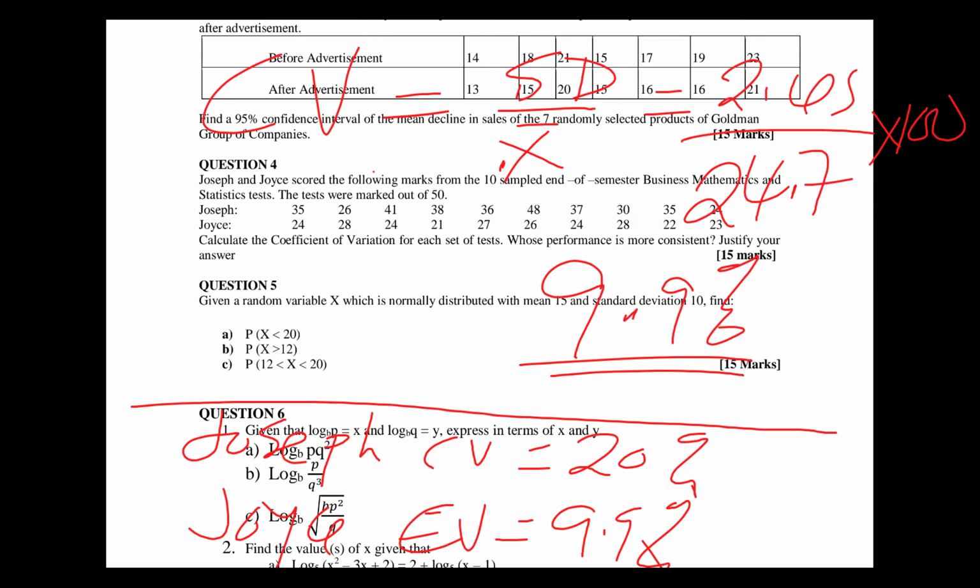So since Joyce has the lowest CV, coefficient of variation for that matter, then Joyce's performance is more consistent. That's the conclusion.